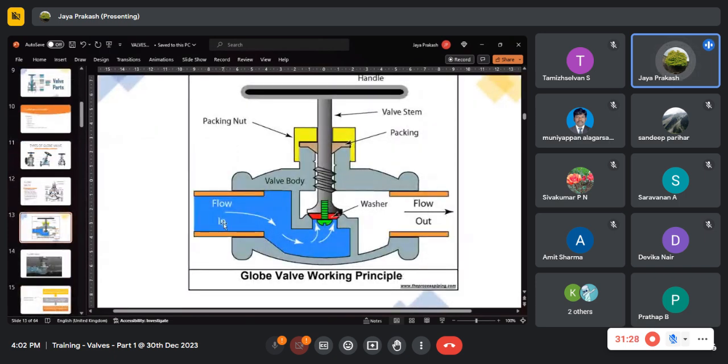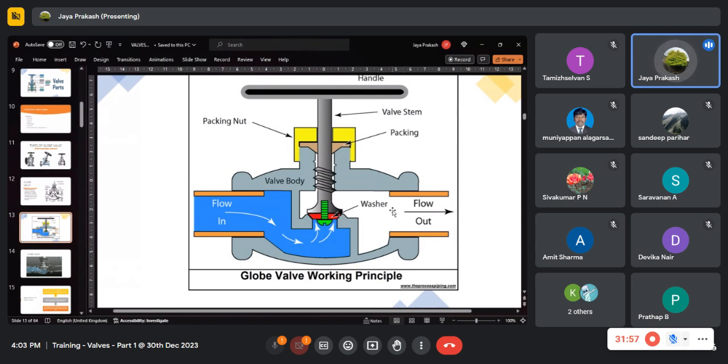So here you can see the flow, the inside flow, and you will have the plug here. This is the seat area, and if it closes, the flow is completely stopped. If it opens, the flow occurs.